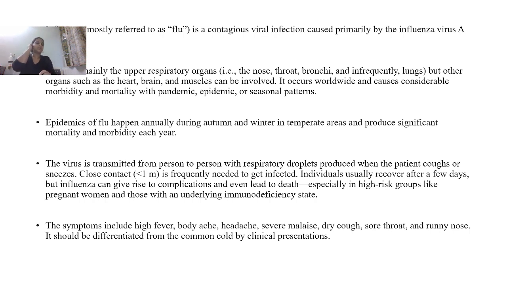It is a contagious viral infection caused primarily by influenza virus A or influenza virus B. It affects mainly the upper respiratory organs, for example the nose, the throat, and infrequently the lungs. But other organs like heart, brain, muscles can be involved.